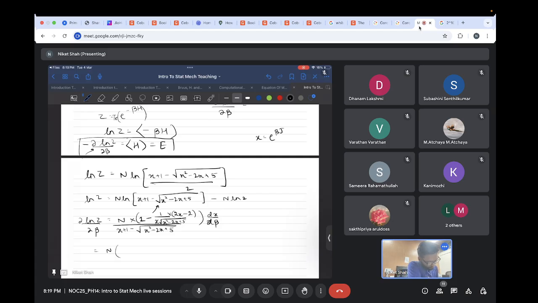2 gets cancelled. I have square root of x square minus 2x plus 5 minus x plus 1, the whole divided by square root of x square minus 2x plus 5, multiplied by 1 divided by x plus 1 minus square root of x square minus 2x plus 5.